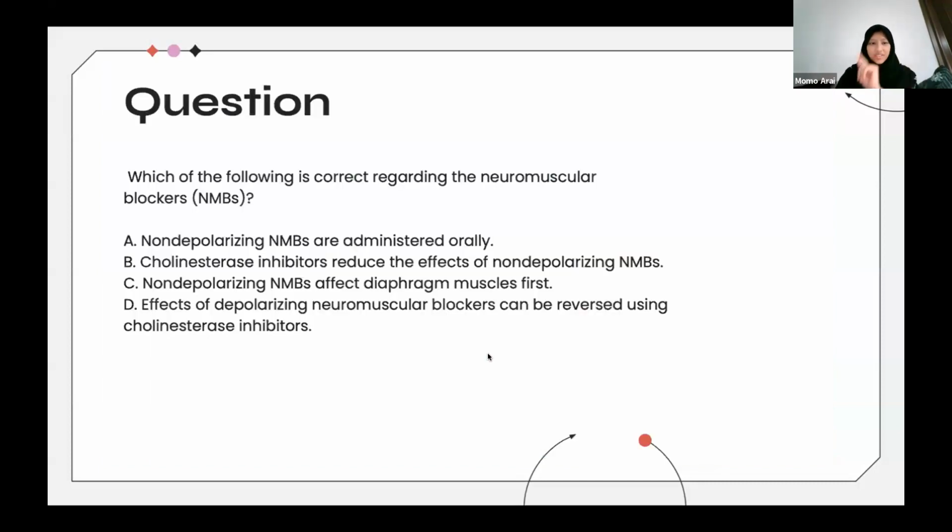We'll take a break after we finish this part for autonomic, because I know we said a lot. So which of the following is correct regarding the neuromuscular blockers? So now we're moving on to neuromuscular blockers.